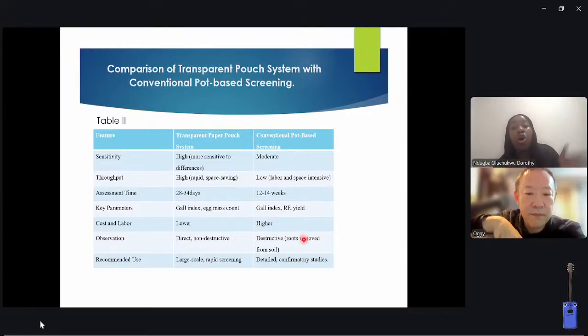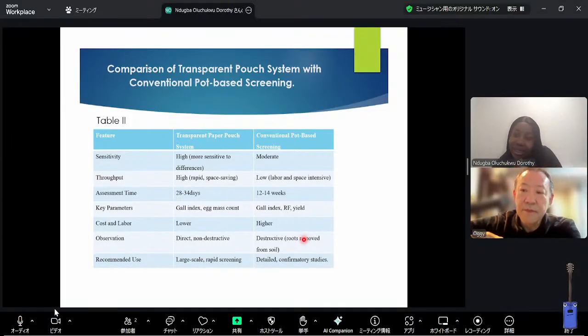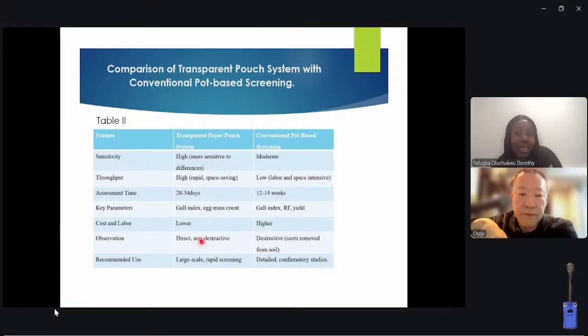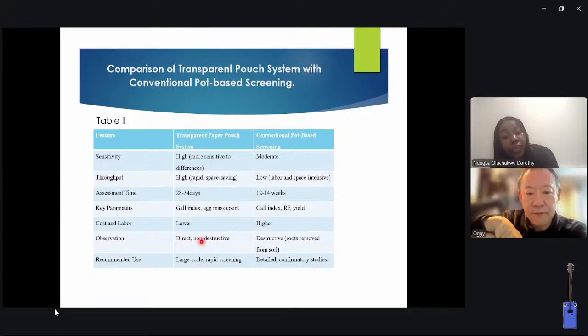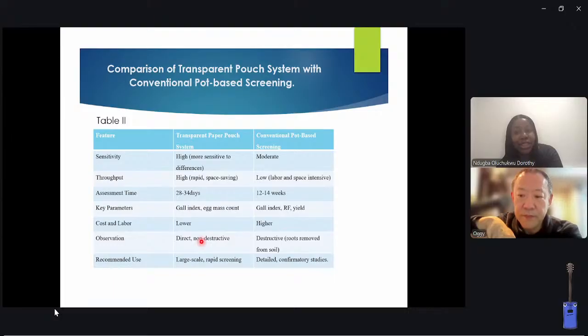But for the old method, you need to remove the roots from the soil, wash it and check, which is harder. For recommended use, you can use the transparent paper pouch for large-scale and rapid screening, but the old method is more for detailed and confirmatory studies. So that's the difference.